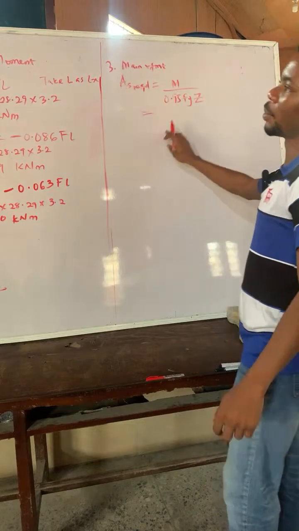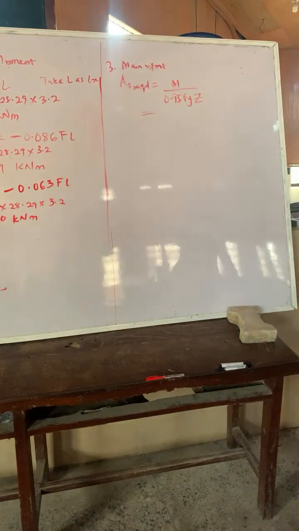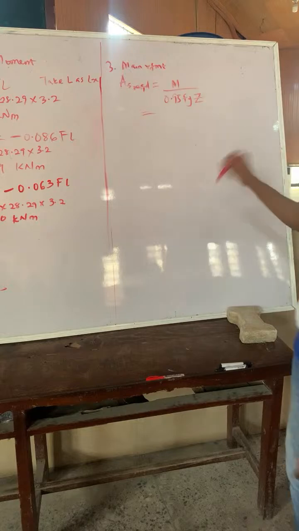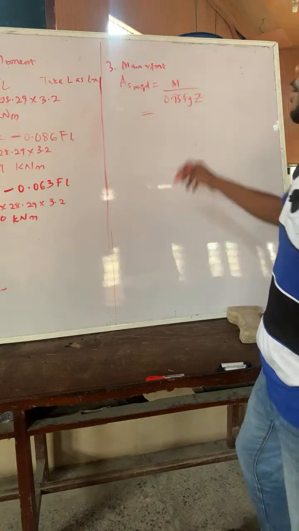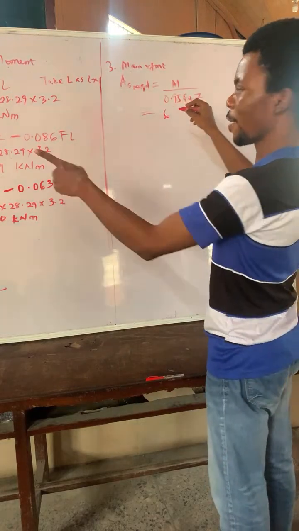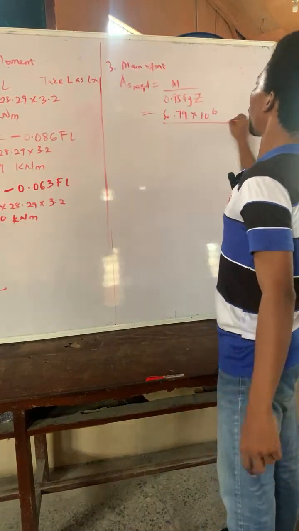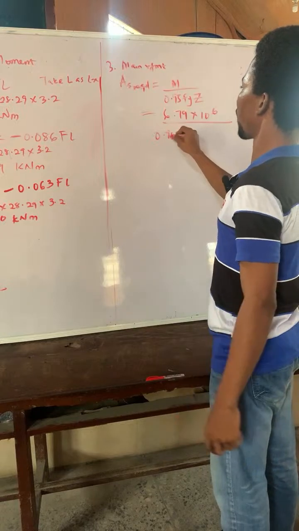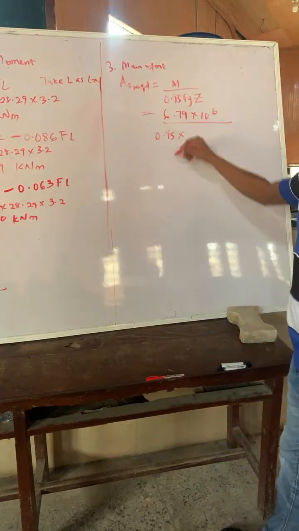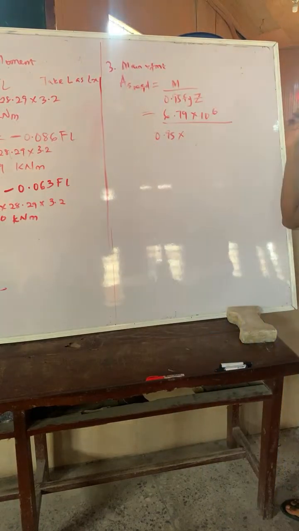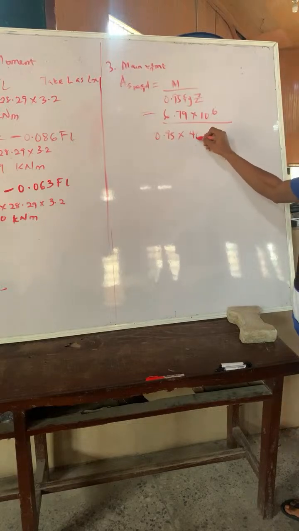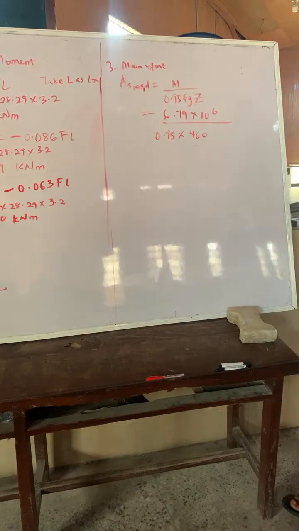All our M: 6.79 power 6 over 0.95. What's our fy in the question? 460. Please check the question. Is it 460 or not?